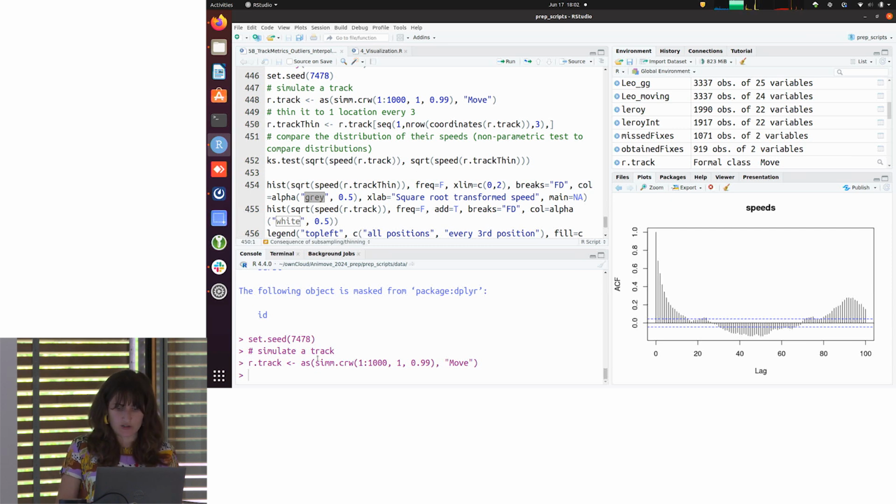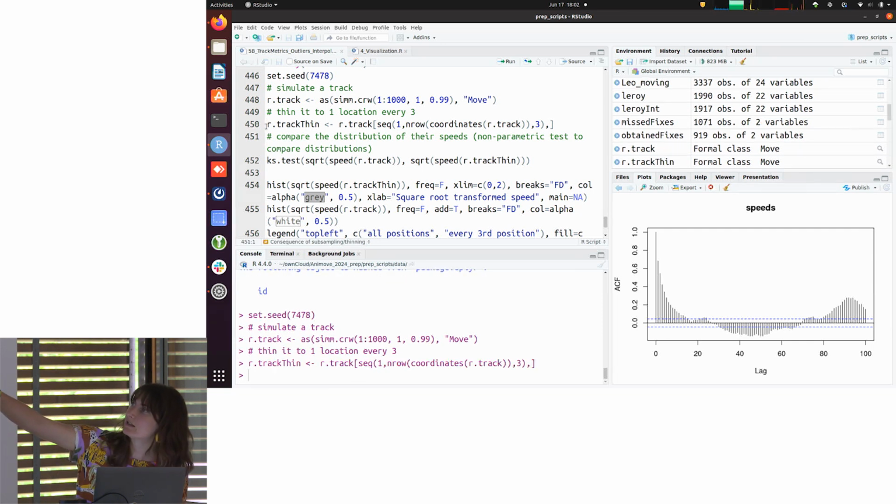Then we are thinning it by taking every third location. We take the simulated track, r.track, and a sequence that goes from 1 to the length of the locations, taking 1 every 3. It's just an example to see what happens when we remove some locations.